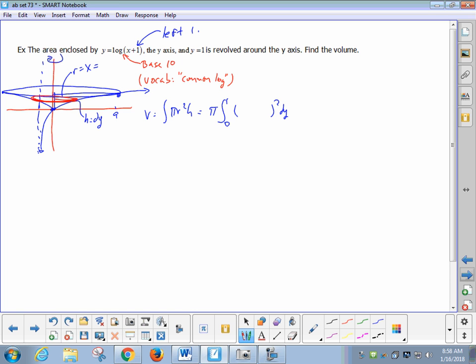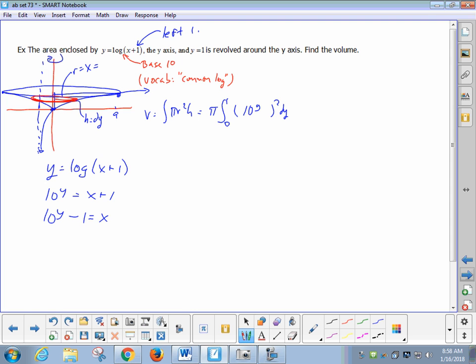Ten to the y. Perfect. Okay, and it is squared. Yep, my bad, sorry. 10 to the y. Is the minus 1 in with the y or outside the exponent? Y equals log x plus 1. 10 to the y equals x plus 1. So you're right, outside.